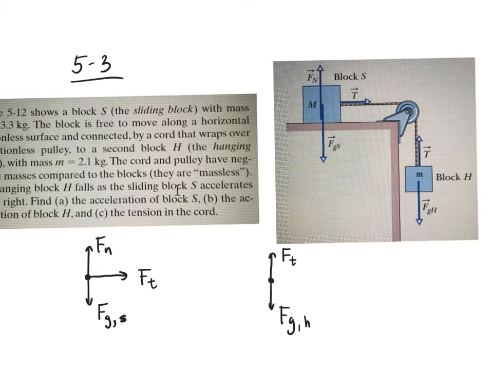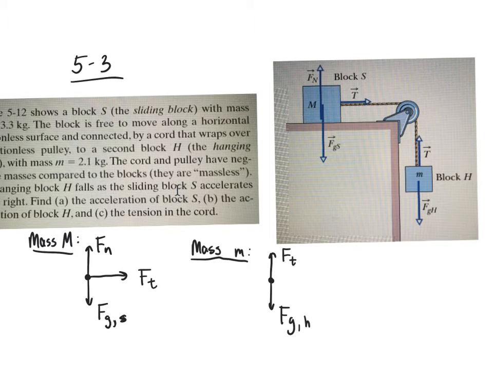So let's actually specify those then. It's not very clear, actually. Let me do it this way. Hold on, so you can see it better. Okay? Capital M for mass of block S, lowercase m for block H.